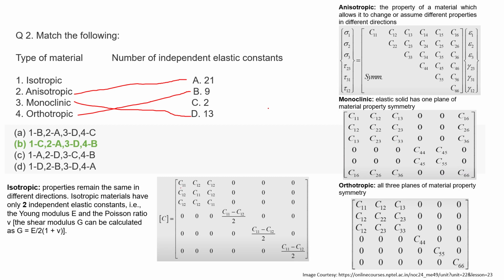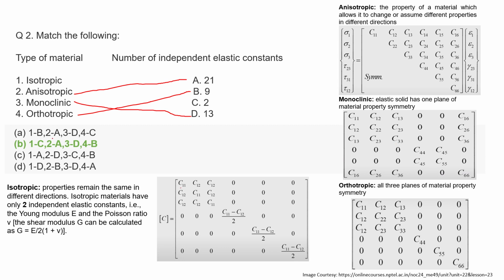Suppose the plane which gives you the directions 2 and 3 has an isotropic surface. So properties like C12 will be equal to C13, and C23 will be equal to C32. So 2 and 3 will be interchangeable, which means they are dependent on each other. So we can remove one part of that, and that will give fewer independent elastic constants. For transversely isotropic there will be 5.